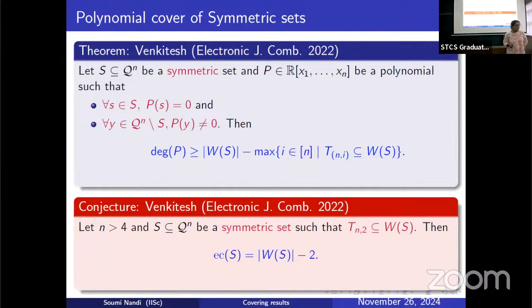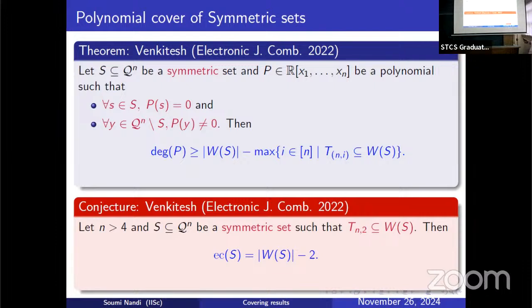Venkatesh showed that if we are given any symmetric set S and I want to cover all the points from that symmetric set, keeping all the points outside that symmetric set uncovered, then he gave a lower bound for the degree of the polynomial that is required.